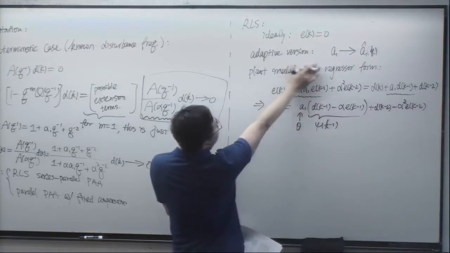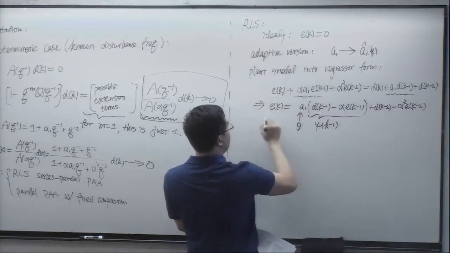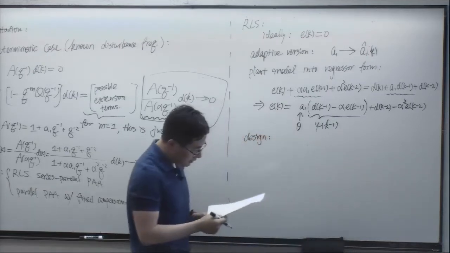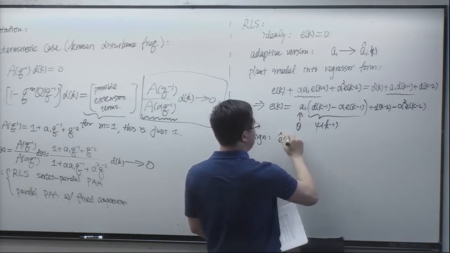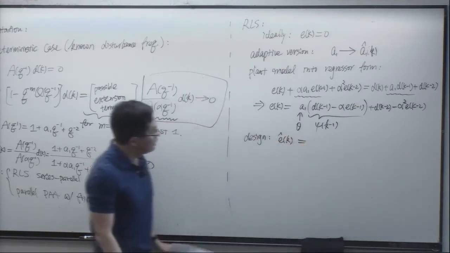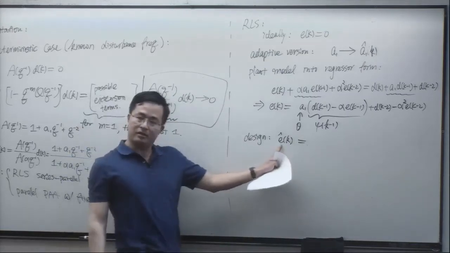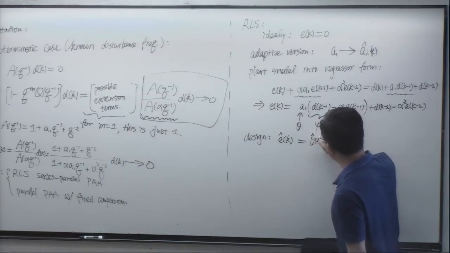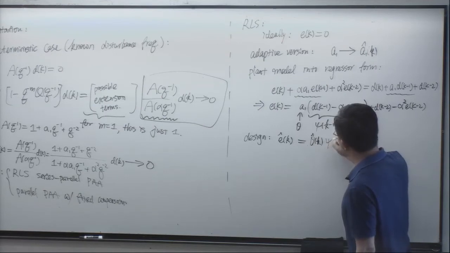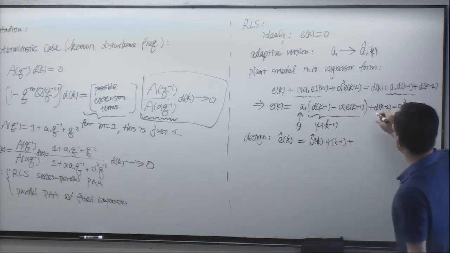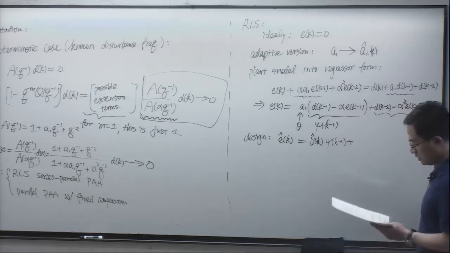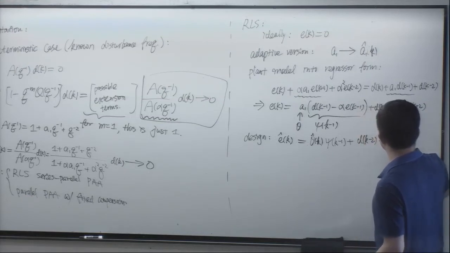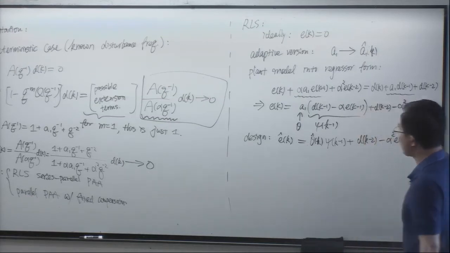So for recursive least squares, we're going to replace design. Let's do the a posteriori version. All right, a posteriori estimate is going to be theta hat k phi k minus 1 plus dk minus 2 minus alpha square ek minus 2.